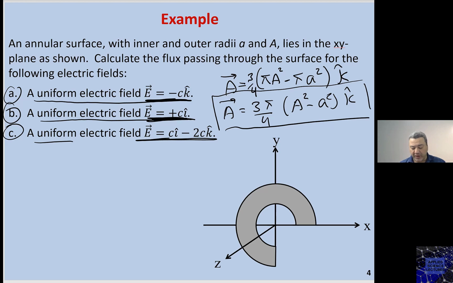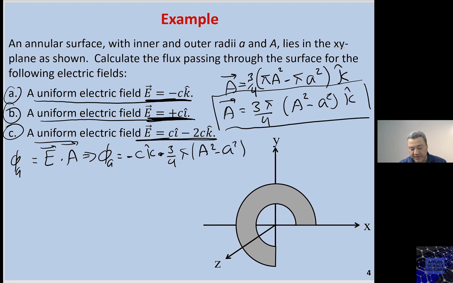Now in order to calculate the flux for A, it will be uniform, so it will be right away E dot A. In this case, phi A would be minus c k hat dot 3 over 4 pi (A squared minus a squared) k hat.